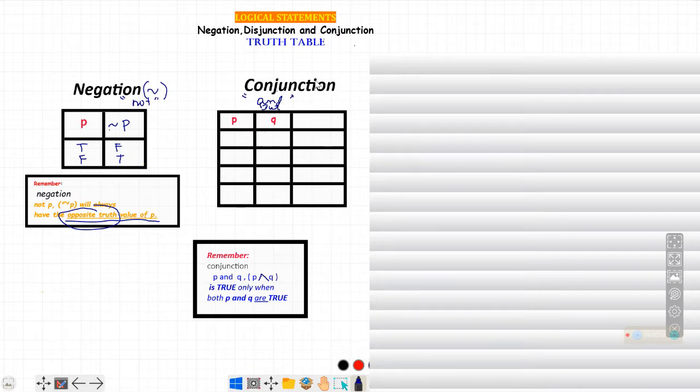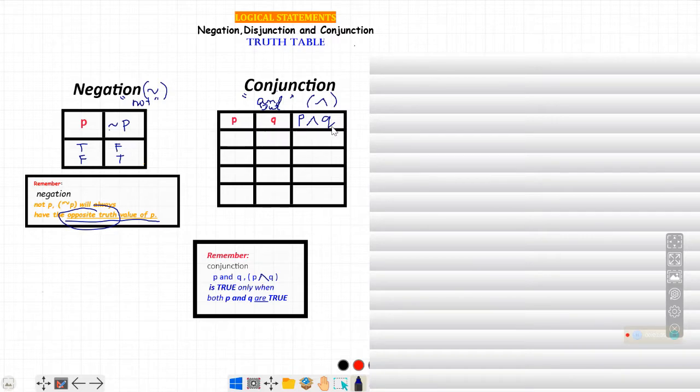For conjunction, we are using this symbol. It's like a roof symbol. So if we want to know the conjunction of P and Q, we can write it as P and Q.